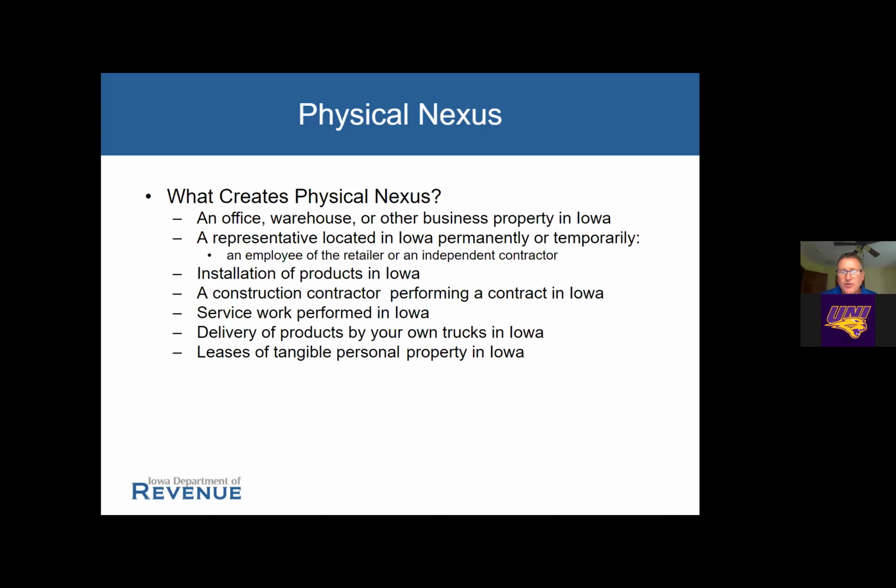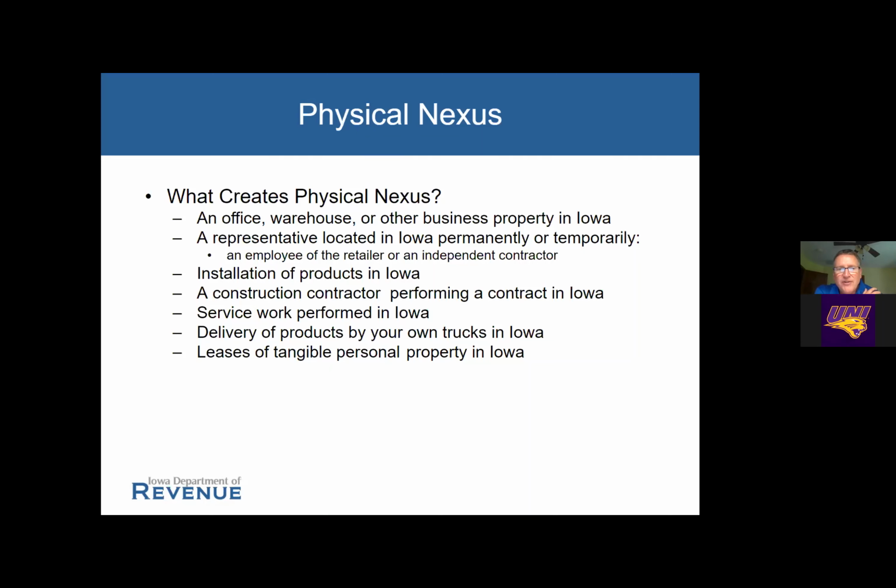You've got a crew here doing some work. Construction contractors that are physically doing work here in Iowa establish physical Nexus. Maybe you're a service company and your company is involved in performing various taxable services within the state of Iowa. If your workers are here performing that service work, that does establish a physical Nexus.